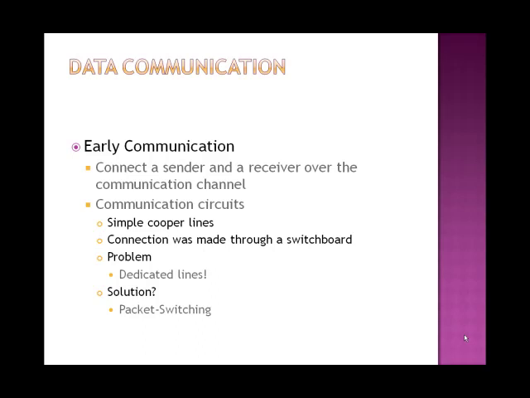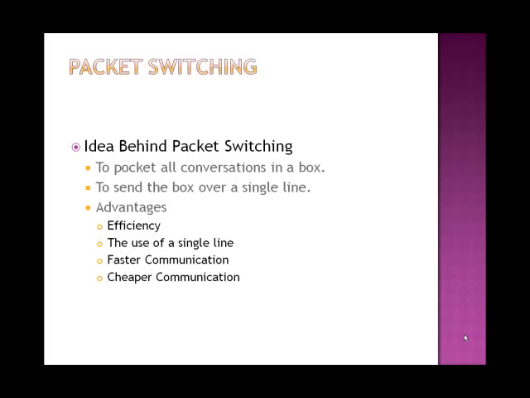When it goes out, it will have within itself the information on where it is going. So when it's going out of Victoria, it goes to the switchboard, and the switchboard then distributes these packets throughout the network. And that was the birth of packet switching. So again, the idea was to pack all this conversation in a box and send it over a single line.